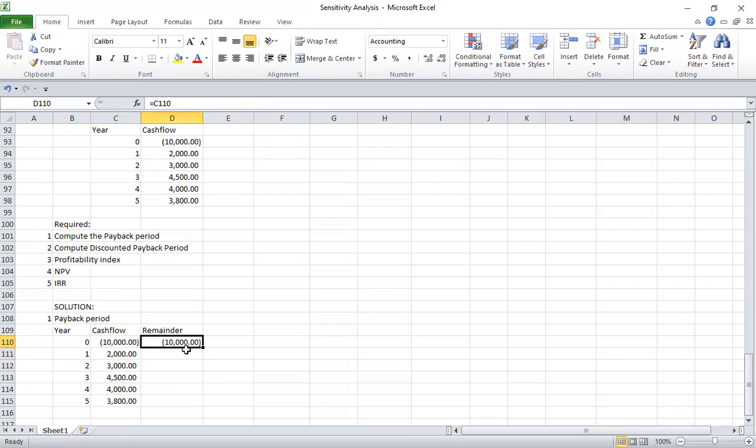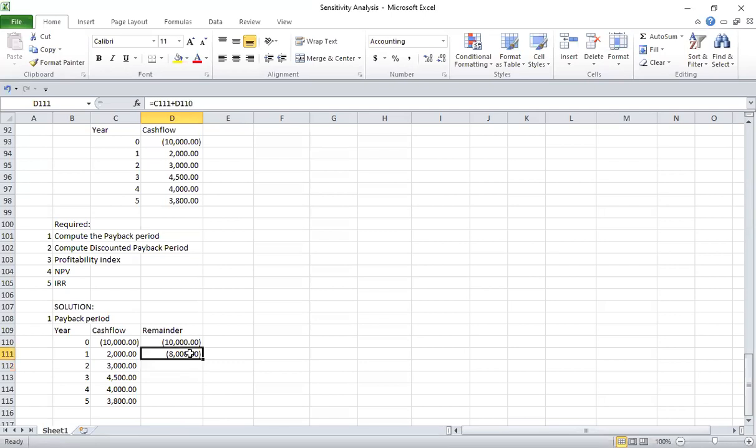Now, how can we get this remainder directly? I'll say that equal to the 2,000 shillings that we are recovering in year 1 plus the initial investment. So that even if we recover the 2,000 shillings in year 1, still there will be a remainder for the initial investment of how much? 8,000 shillings.